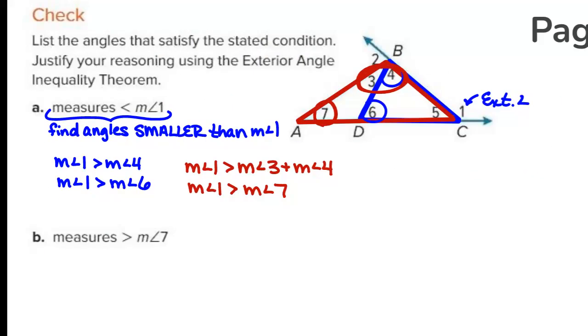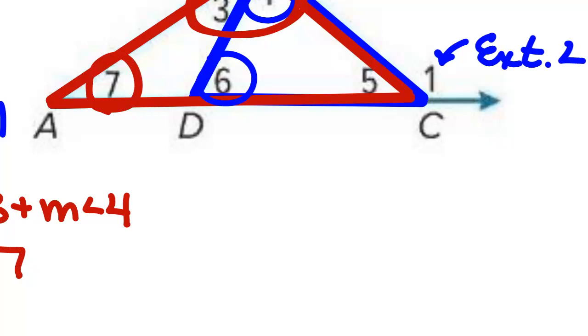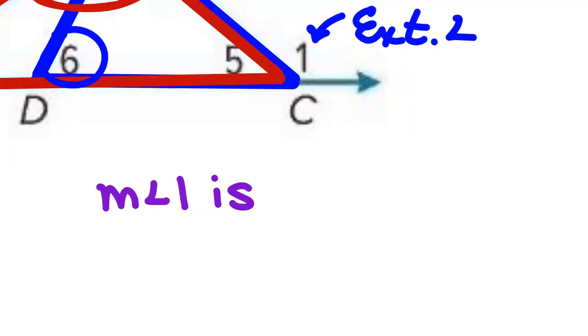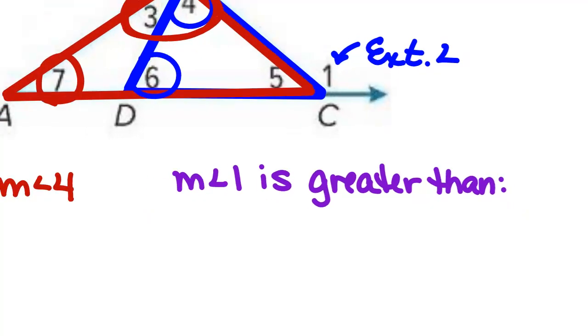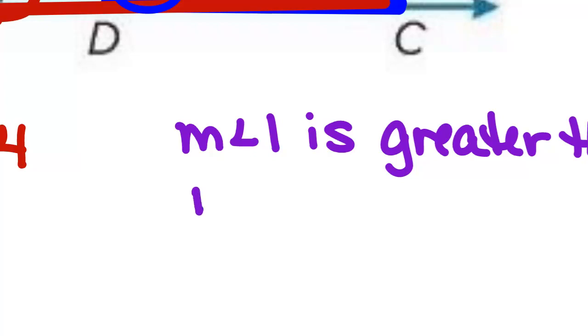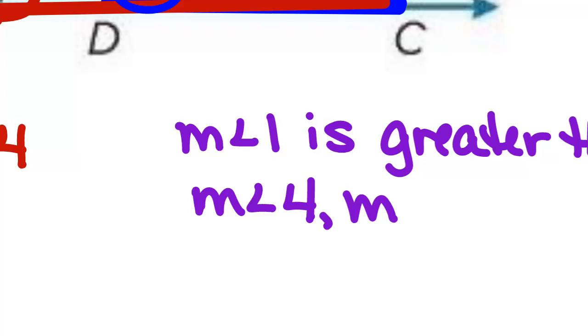Let's take that and write it as one complete answer. Measurement of angle 1 is greater than, we know it's bigger than the measurement of angle 4. We know it's bigger than angle 6.